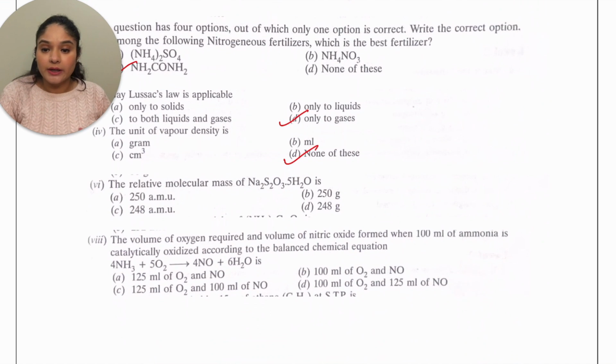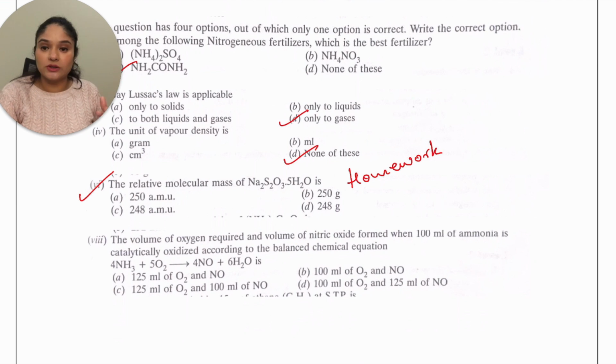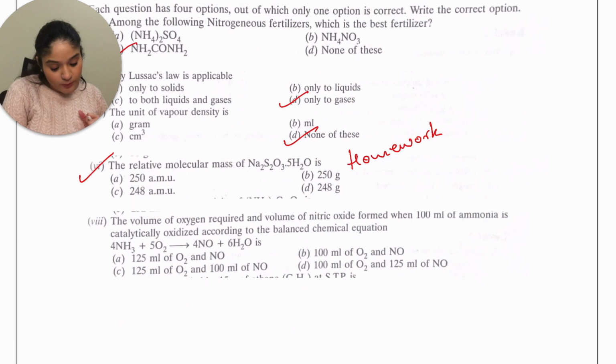Moving ahead to question 5. The relative molecular mass of Na2S2O3·5H2O. Okay, sodium thiosulfate. Now, this is homework for you. We have done similar questions today, that is calculating the molecular mass. So this is a homework question for you. And the next one, the volume of oxygen required and volume of nitric oxide formed when 100 ml of ammonia is catalytically oxidized according to the balanced chemical equation.